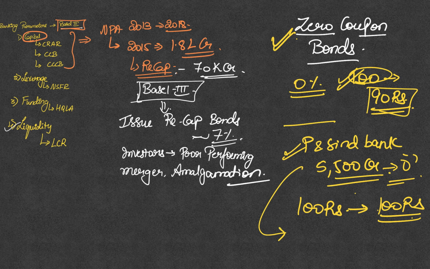But what Punjab and Sindh Bank achieved, or the government achieved in this case, is they abided by the Basel III norms. Instead of directly giving the bank the money that is required for Basel III norms, it is given in the form of this accounting roundabout manner, which RBI has raised concerns about. So you just have to be aware of this development.